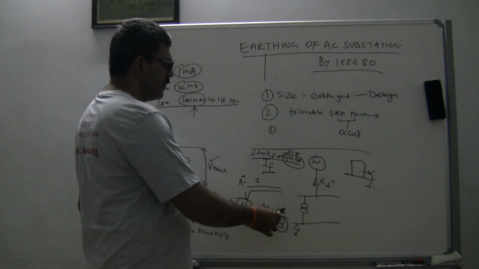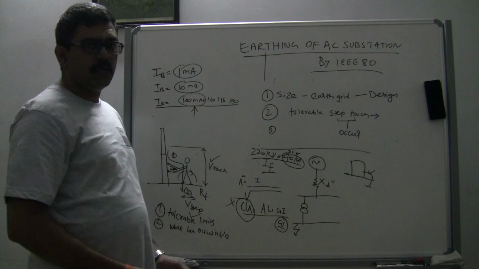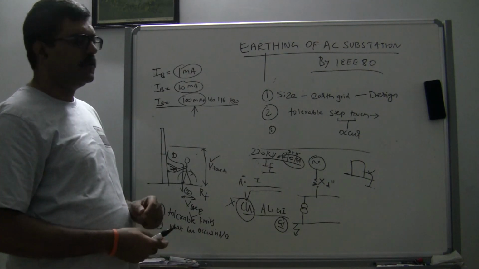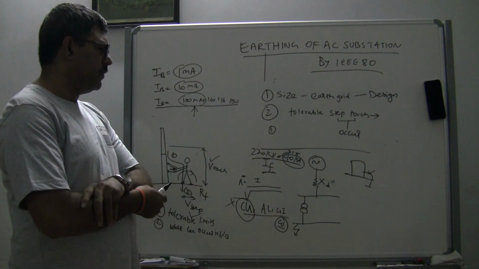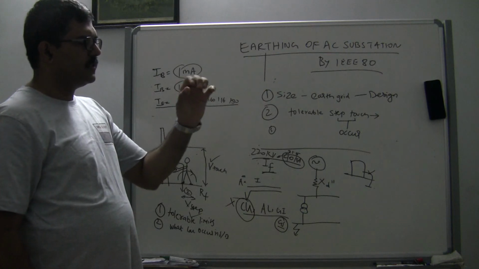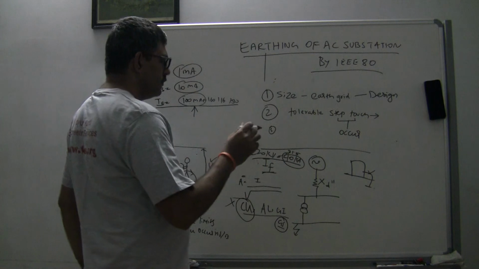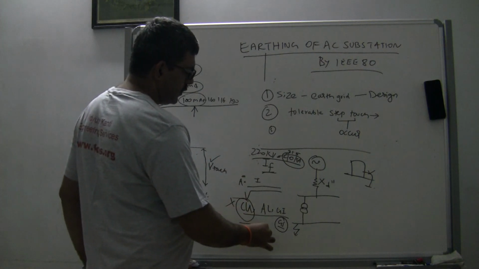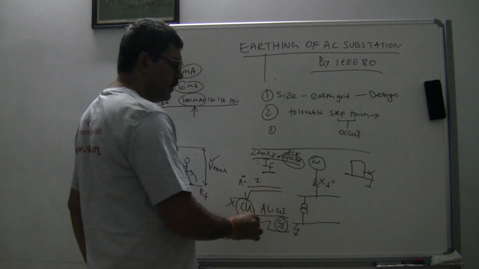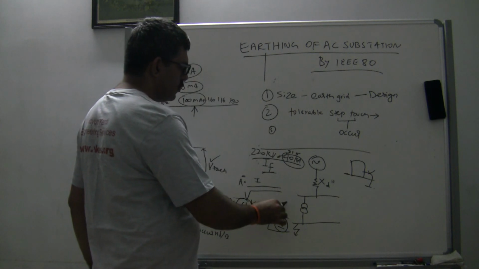When we are using galvanized iron or galvanized steel, you have to size the conductor taking some 30% margin, or some margin based on corrosion, because of corrosion the size of the conductor reduces with time. So I will show all three examples, for 40 kA for 1 second, with sizing done for all three conductors.